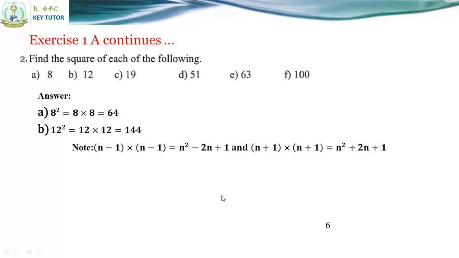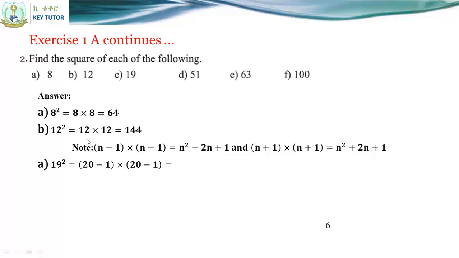For that matter, just let's look at this formula. n minus 1 times n minus 1, you know, it is n square minus 2n plus 1, which is n square plus 1 minus 2n. It's helpful. n plus 1 times n plus 1 is n square plus 2n plus 1.